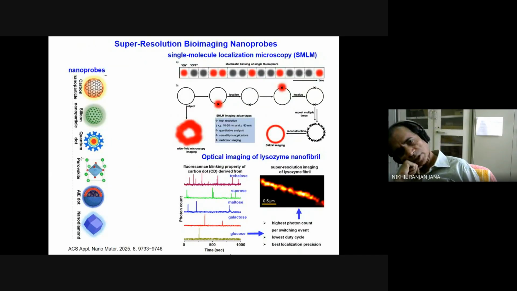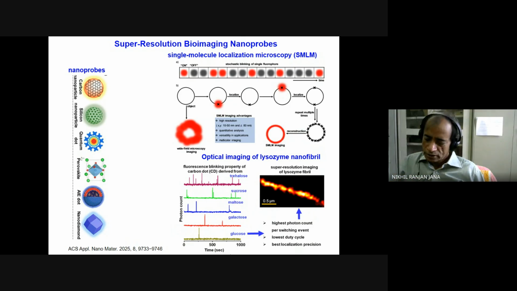This is another subject area, again a Nobel Prize winning area, super resolution microscopy imaging, where we can break the diffraction limit of light. We can use light to image nanoparticles. With conventional light like visible light, 400 nanometers, you cannot see something less than 200 nanometers.